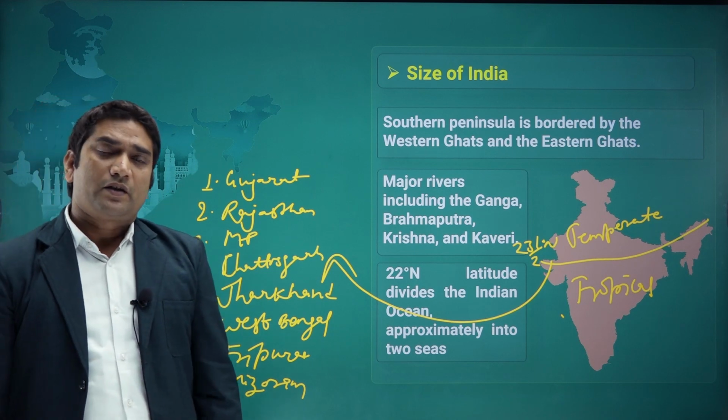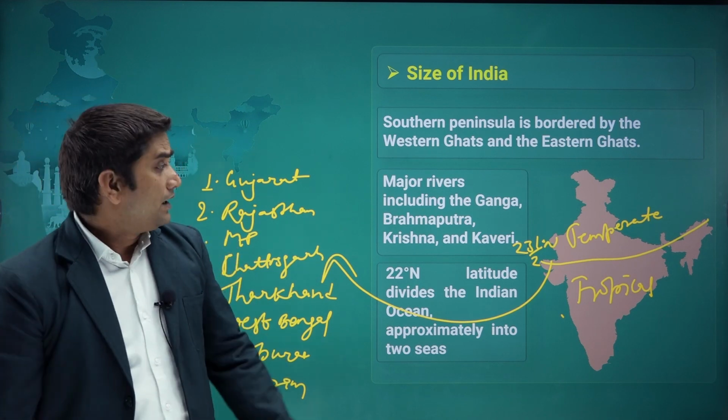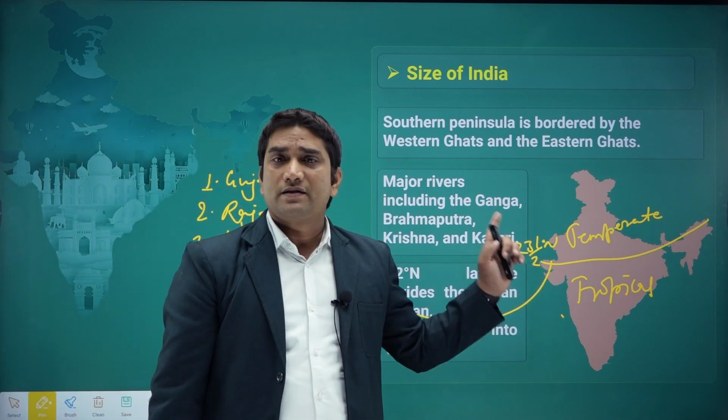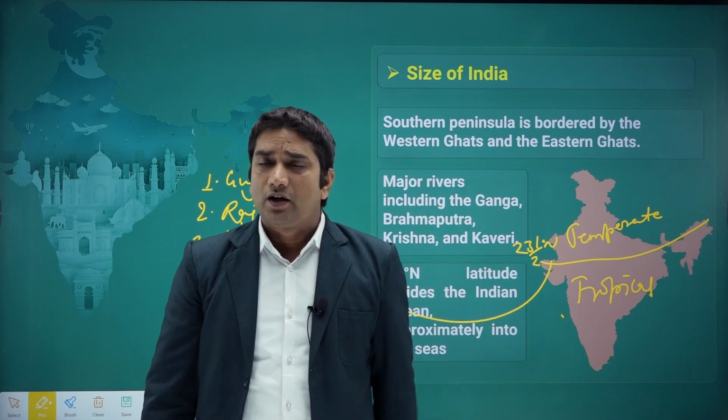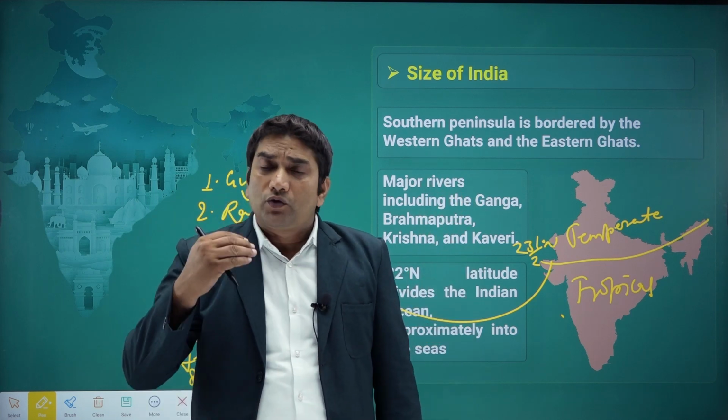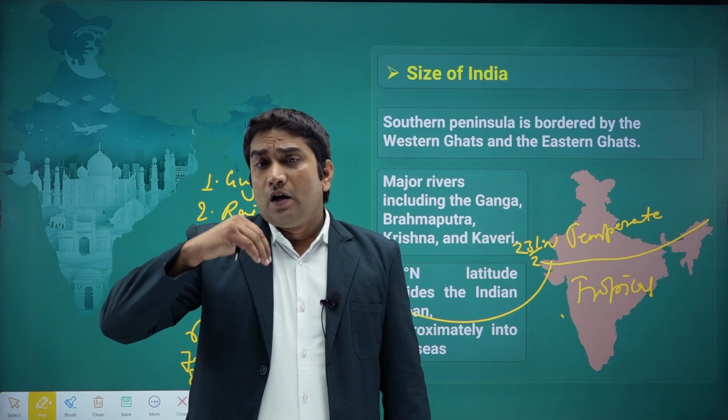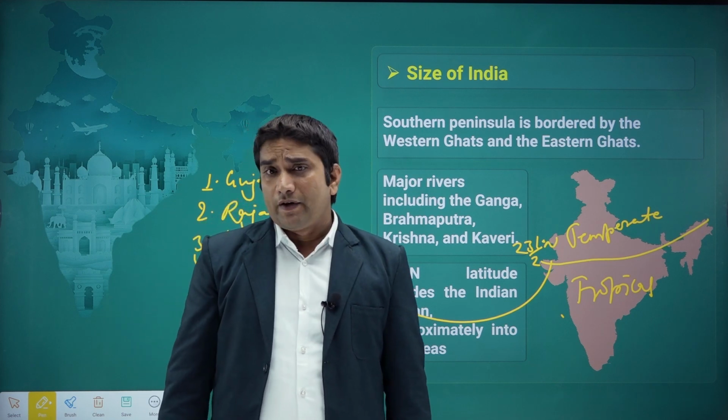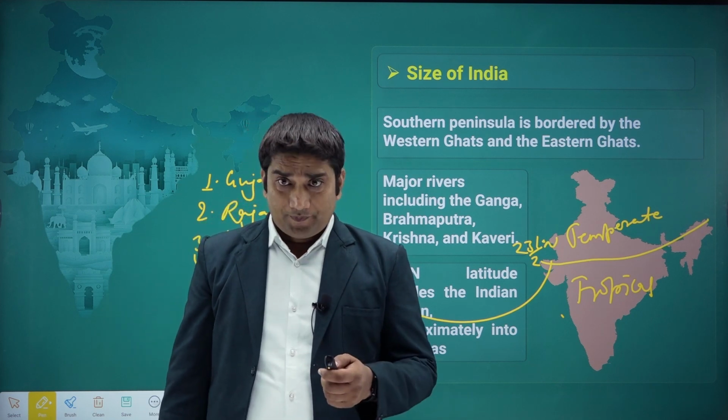So from these 8 states of the country the Tropic of Cancer is passing, which is dividing India almost into two equal parts. So the Tropic of Cancer also plays a very important role in India, right?